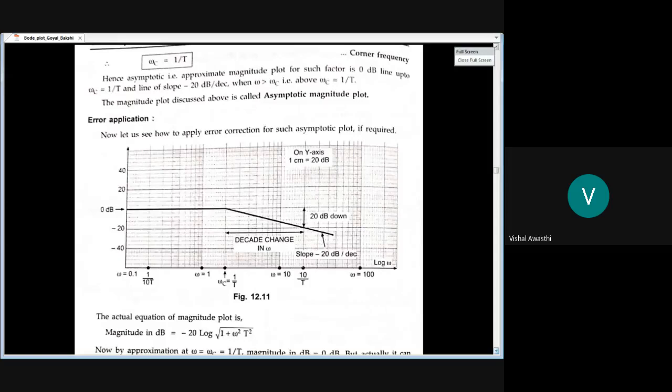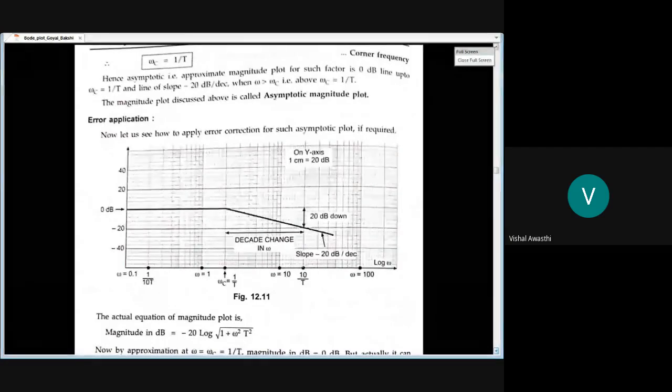And after that, it switches to the high frequency range, and as it switches, it will follow the straight line equation whose slope is minus 20 dB per decade. And you can easily verify that there is a corner at this frequency. That's why this is simply called your corner frequency.